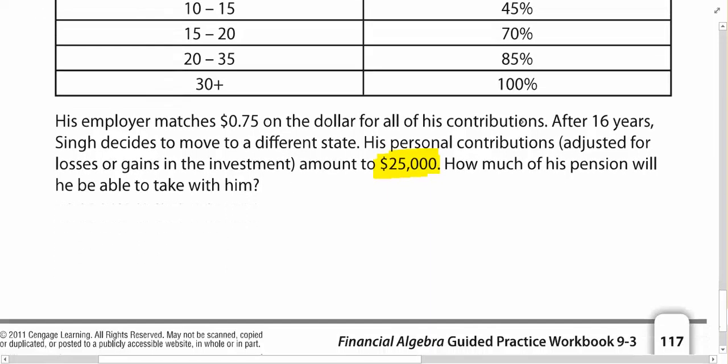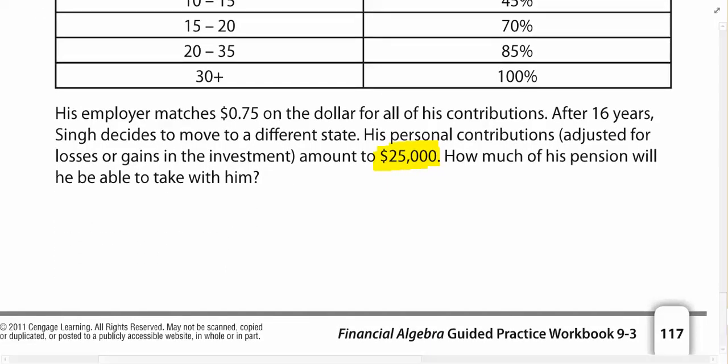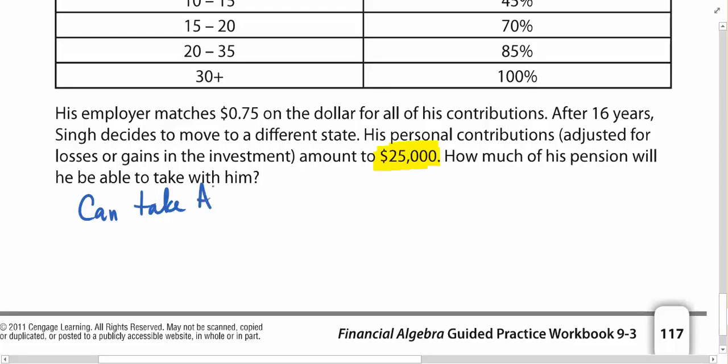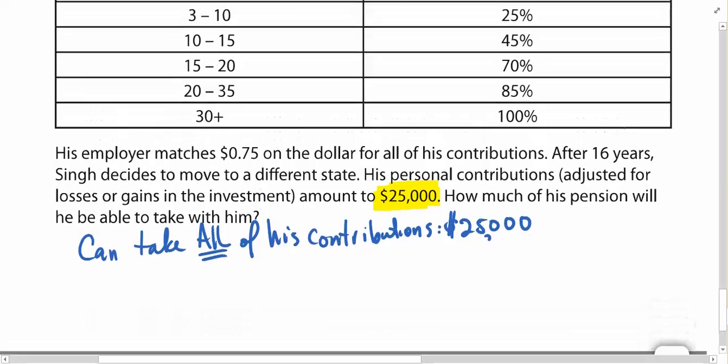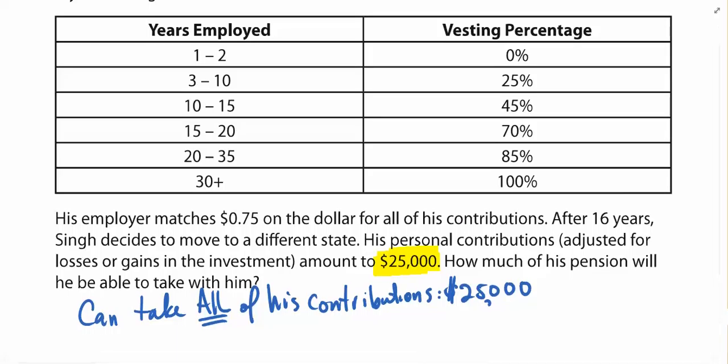Now, something worth noting here is that since he put in $25,000, he can take all of his money. He can take all of his contributions. And in this case, that's $25,000. Okay, so he gets to take at least $25,000 with him because that's what he contributed to the system.